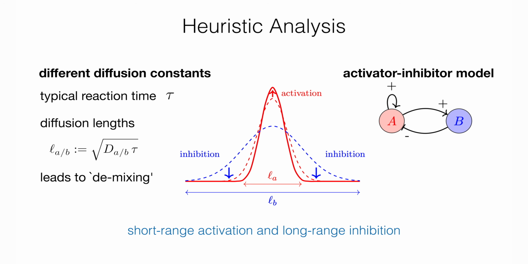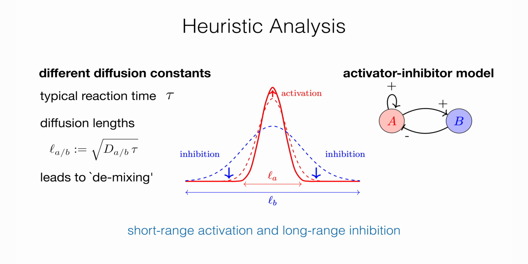push it down. So as you take this together, the effect is such that A activates itself, it makes the peak even sharper, and B is inhibiting the A, so it's pushing it down, confining the A to some narrow region. Okay?